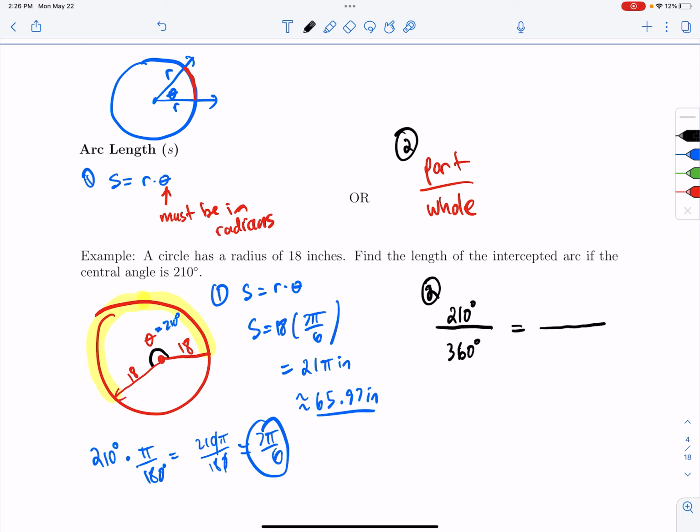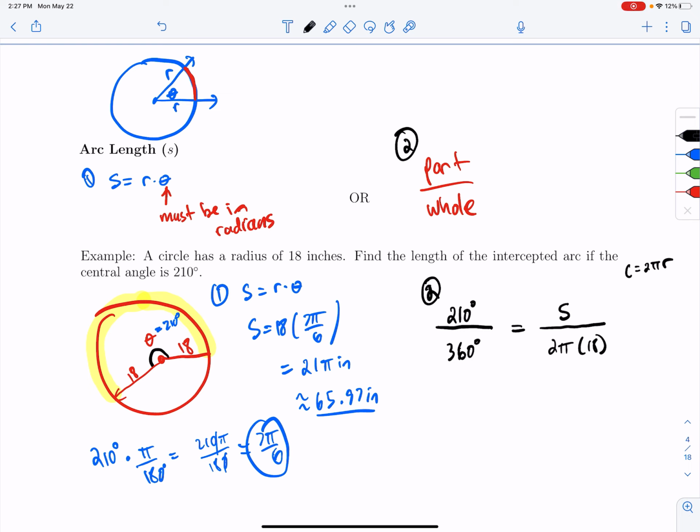So the partial length around the circle is that arc that I'm interested in. Let's call it S. And then the whole way around the circle, we call that the circumference, and the circumference is equal to 2 pi r. So 2 times pi times the radius. All right, so this is 2 times pi times 18. And then I'm just going to solve this for S.